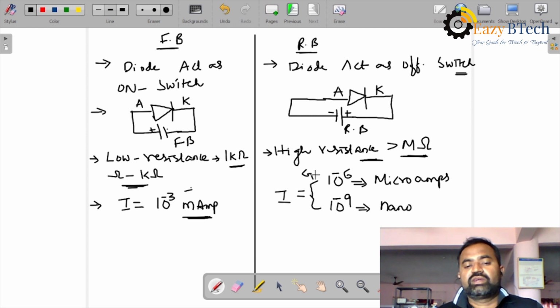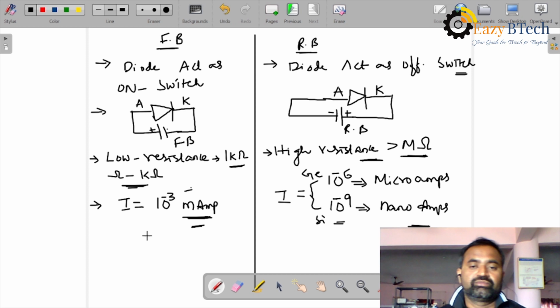This is how a PN junction diode acts under forward and reverse bias characteristics.